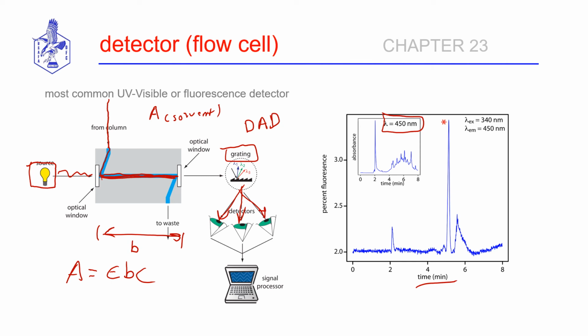In this case, this is actually a fluorescence detector in which we select both the excitation and the emission wavelength. But in the emission wavelength, as a function of time, we can easily see that one component comes off here at 2 minutes, something around 5, and then something a little shy of 6.